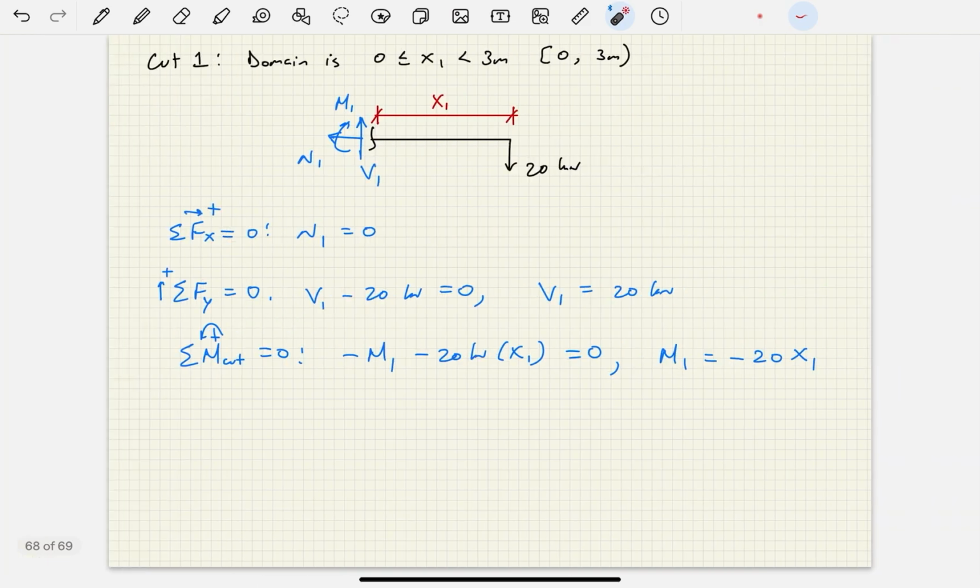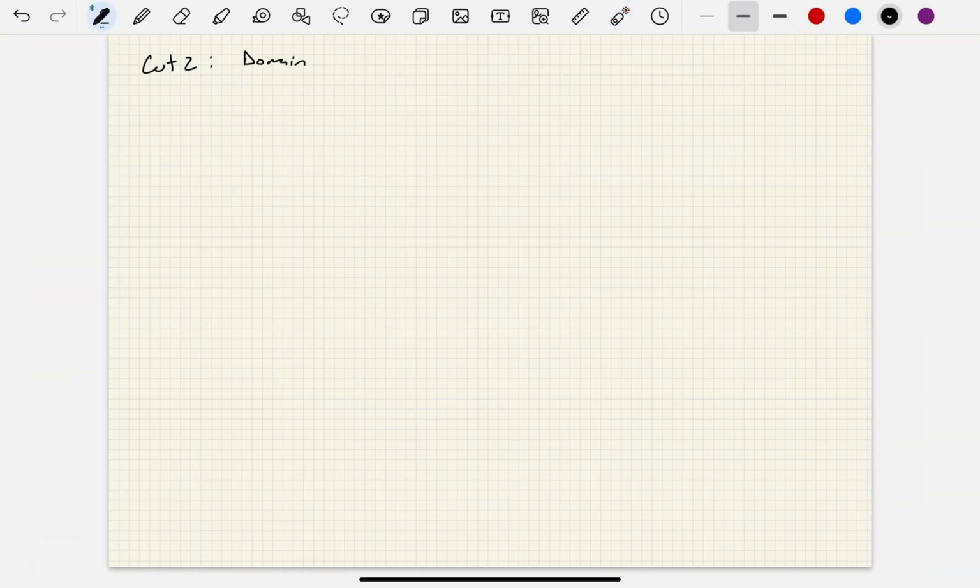How do I write this out? I can write this as 0 less than or equal to x2, and then strictly less than 4 meters, or if you like interval notation, you can write this as bracket 0 comma 4 meters parenthesis.